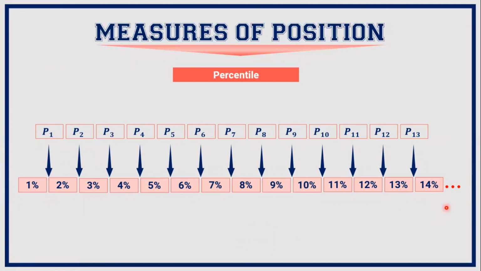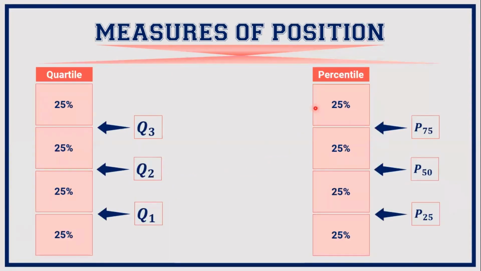And if you want to continue until 100%, you will end up with 99 score points. Another distribution of percentile. We can also opt to divide the 100% distribution into 4 equal parts, such that each part consists of 25%, where each score point is the percentile 25, percentile 50, and percentile 75.